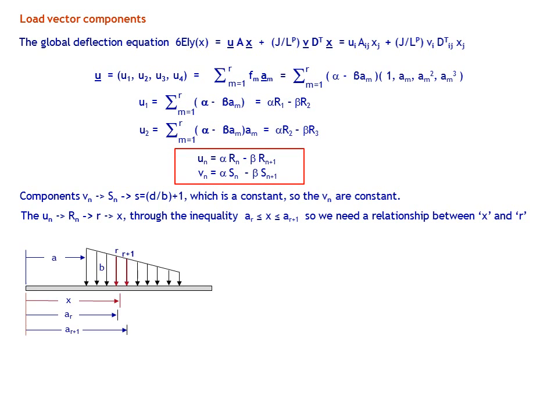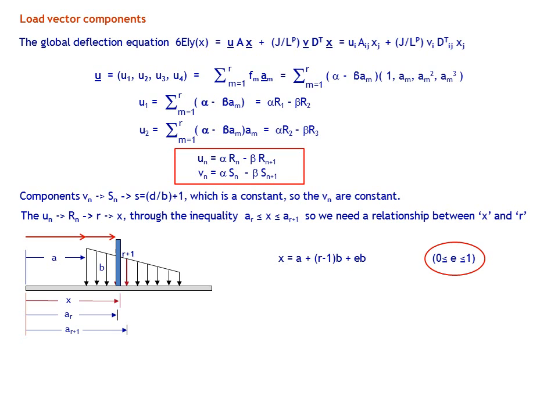If we look at the diagram to the left, which we've seen a few times before, where x lies somewhere between the rth and the r plus 1th point loads, then we can write that x is equal to a plus r minus 1 b plus a fraction of b, depending exactly where x lies.